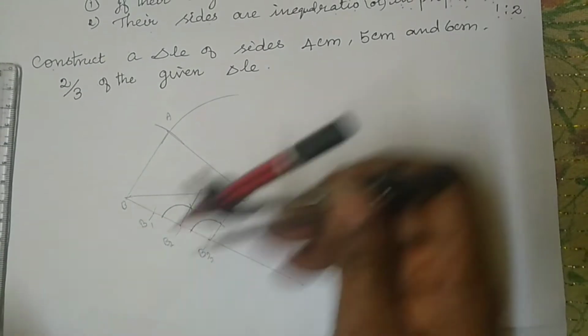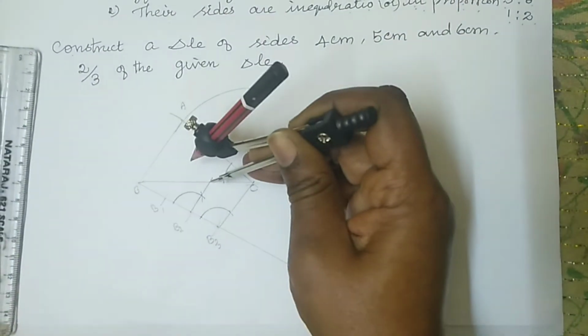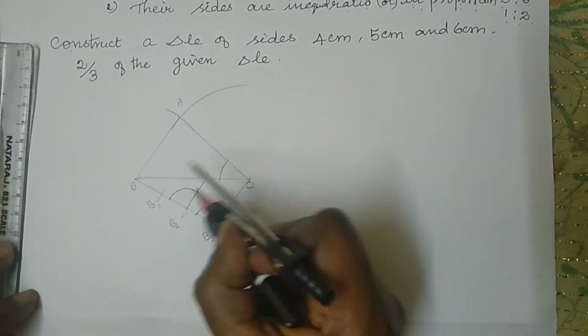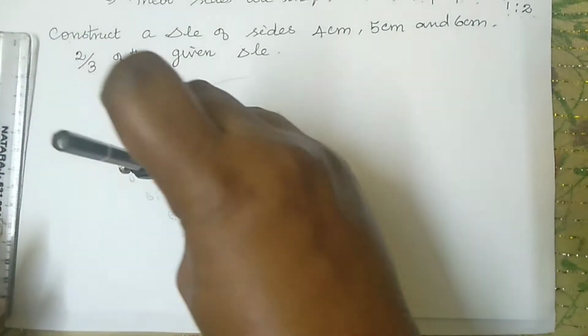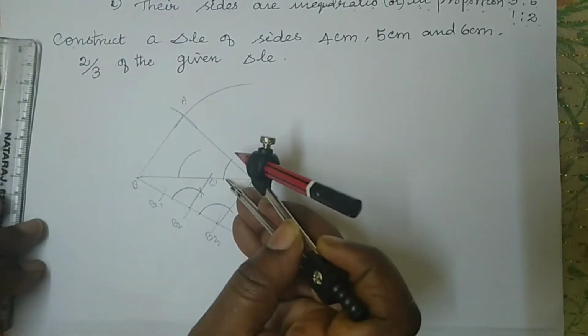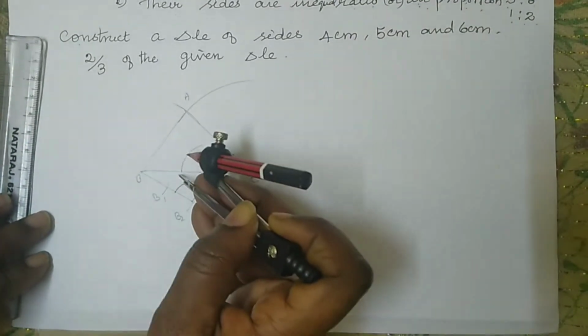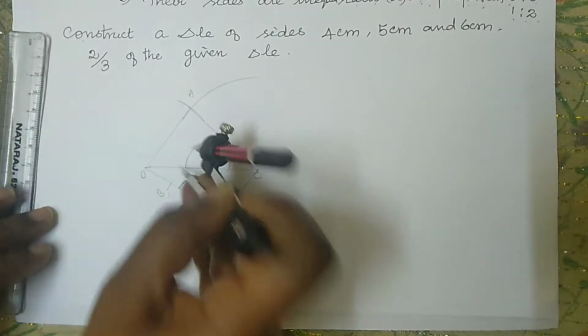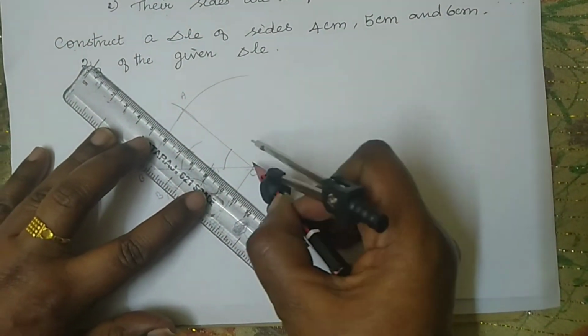So at the point C I keep the compass, draw the same arc. Then this point is marked as C dash. So from C dash I again draw one arc. Then measure the length of this arc. Keep your compass here, cut that arc. Through that point I draw the line parallel to this.